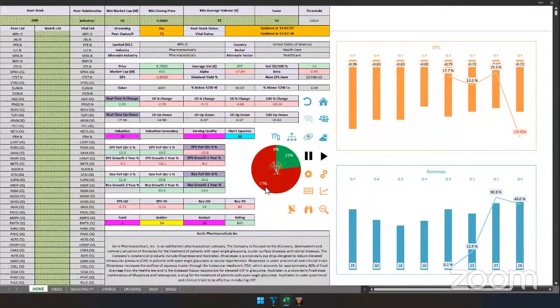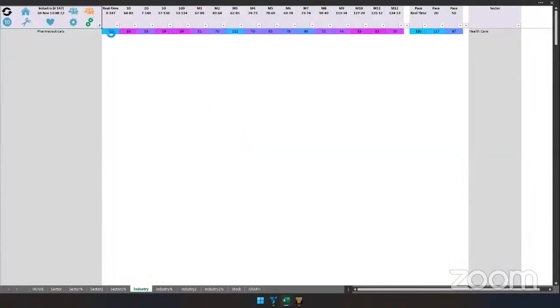Let's see the relative strength of pharma stocks. And we see relative strength is actually strong. It is among the top 20%. That is good enough for me to buy.